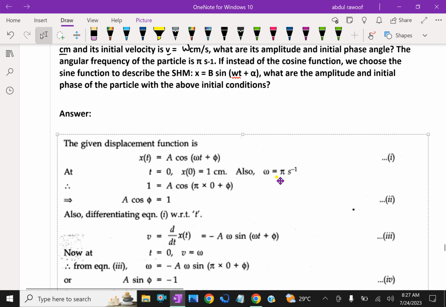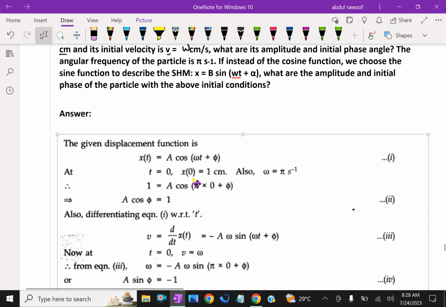Also ω is π, so x_t = 1 = A cos(π·0 + φ). Here π into 0 is 0, so A cos φ is 1. Let it be equation 2.